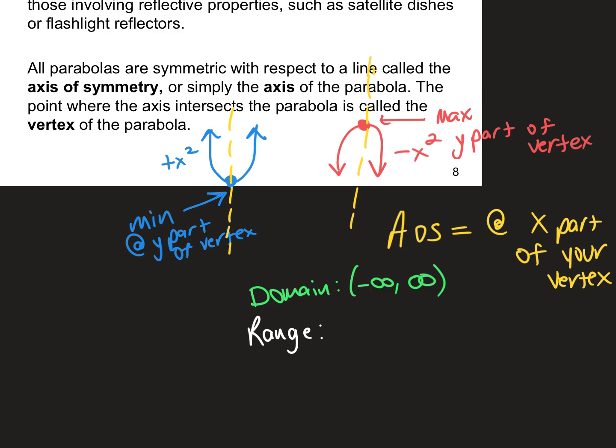Never stops. It's going to continually get wider, whether it's going up or down. Your range is going to be based upon the y part of the vertex. Think about range. Range is from where to where? Low to high. So it makes sense that it's based upon the y. There's only two options for range.